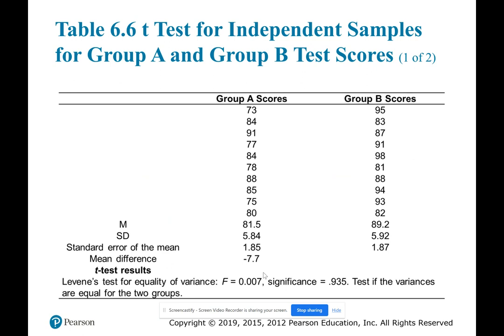The mean difference of the groups was 7.7. So if you have the average from group A and group B and you subtracted it, the difference is 7.7. You can see that there on the graph. So the null hypothesis for this test was this: there's no difference between teaching method A and teaching method B on test scores.